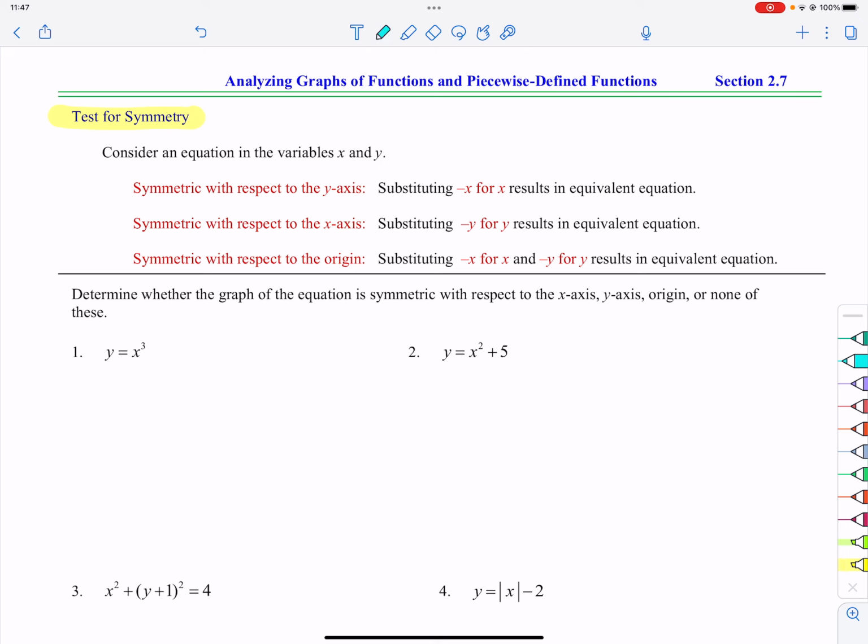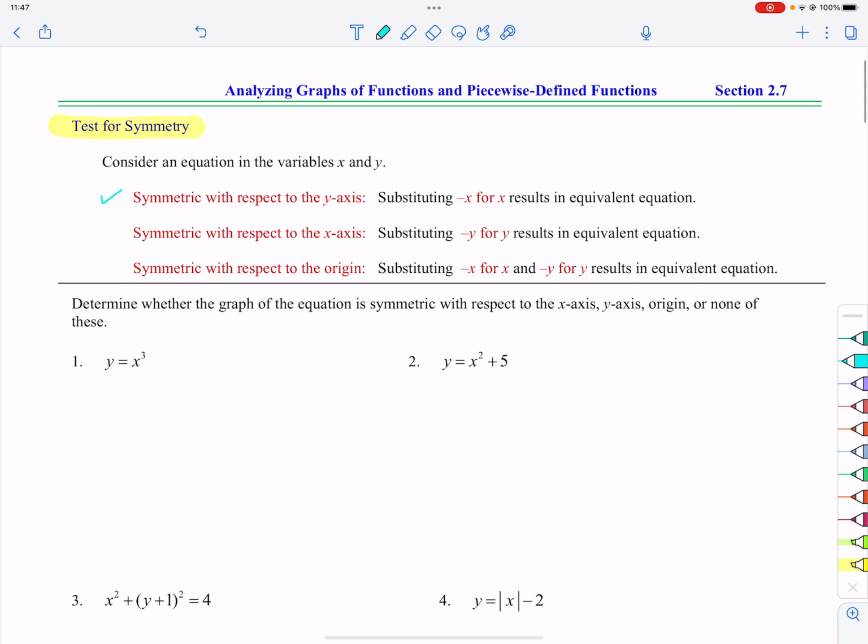We will have symmetry with respect to the y-axis if we substitute the opposite of x for x and we have an equivalent equation. If we substitute the opposite of y in for y and we get an equivalent equation, we have symmetry with respect to the x-axis.